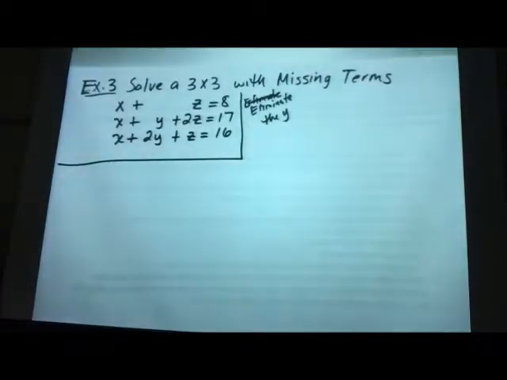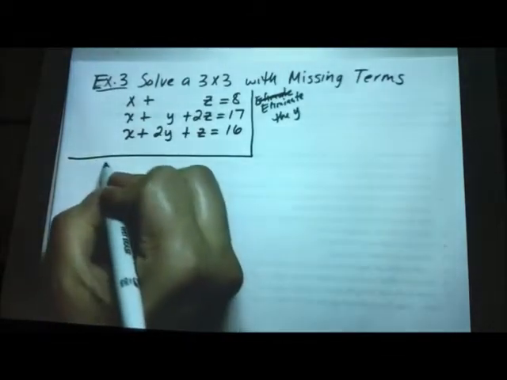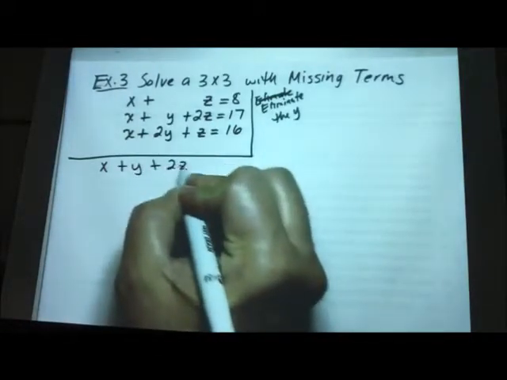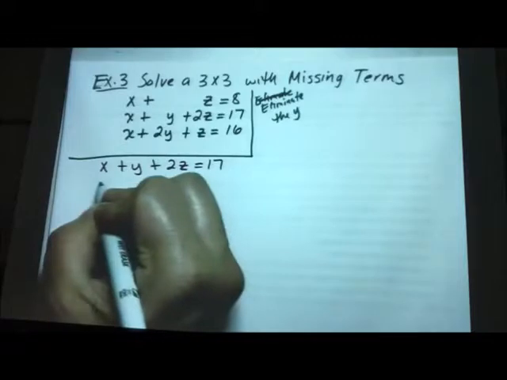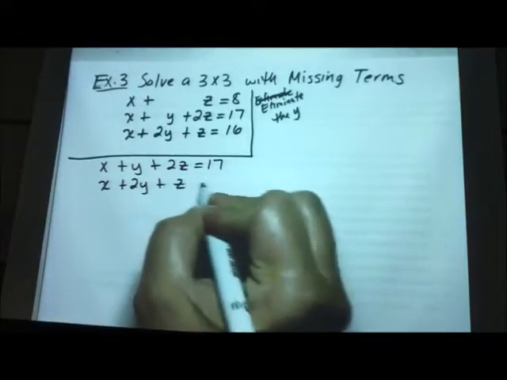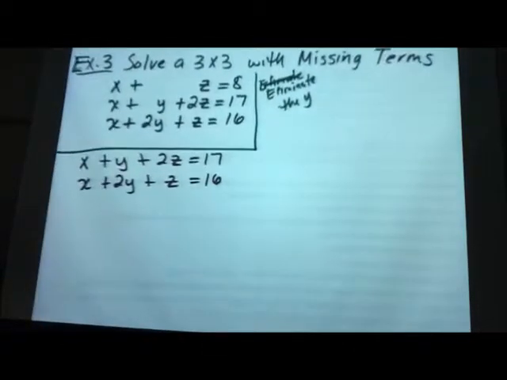I can't use equation 1 because equation 1 is already missing y. So I'm going to go ahead and take equations 2 and 3. So when I take equations 2 and 3, x plus y plus 2z equals 17, x plus 2y plus z equals 16.